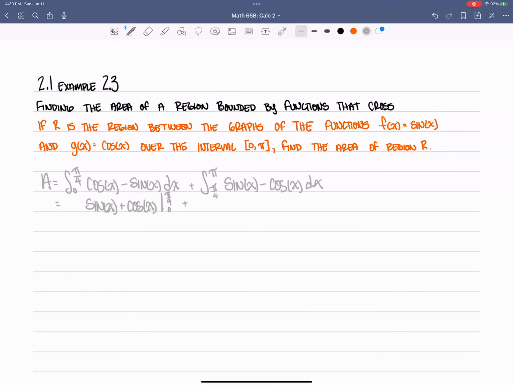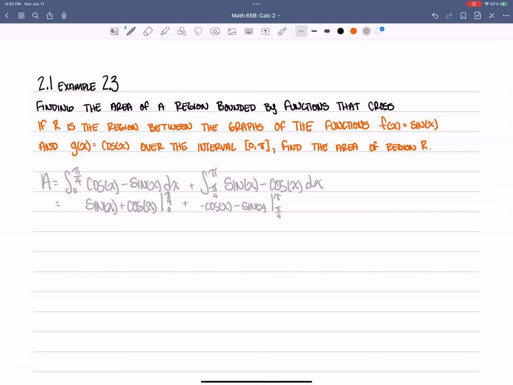This one is going to be the integral of sine, which is negative cosine x, minus the integral of cosine, which is sine x. And we're integrating all of this from pi fourths up to pi.